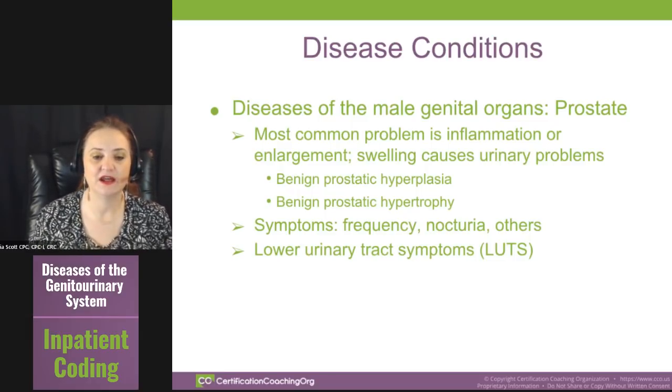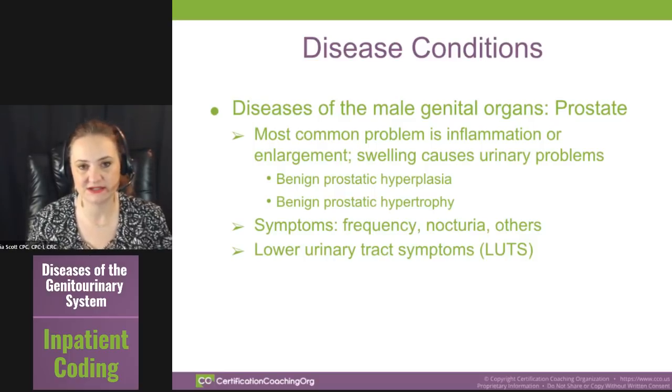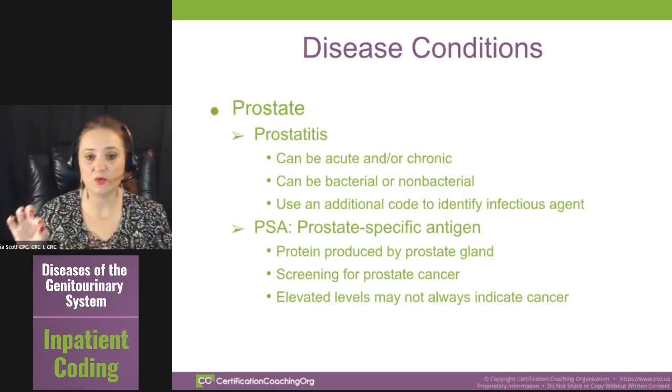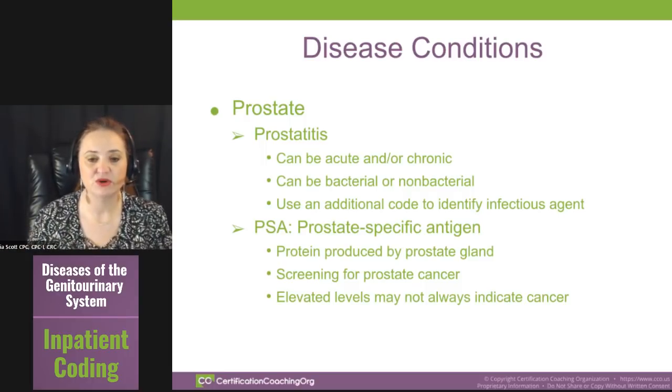And then another condition called lower urinary tract symptoms, or LUTS, L-U-T-S. You can have prostatitis, which can be either chronic or acute, which is an inflammation of the prostate. Most of the time it's bacterial, but it can be non-bacterial.